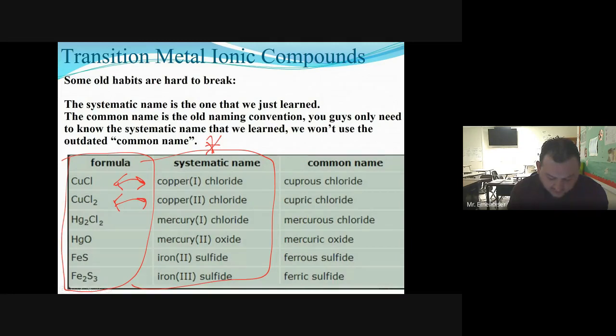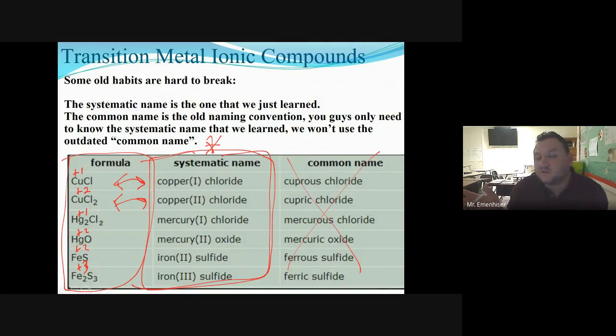Copper 1 chloride means that the charge on copper is a +1. Copper 2 chloride tells me that the charge on copper is that. Mercury +1, mercury +2, iron +2, iron +3. So these are the ones that I need you guys to know, forwards and backwards, where you're using the Roman numeral, like we just talked about. The common name we're not going to use.